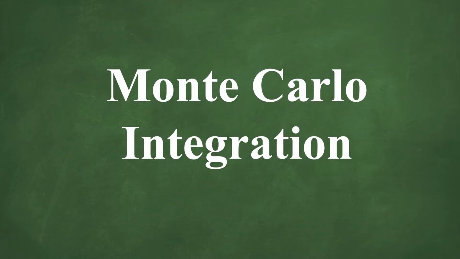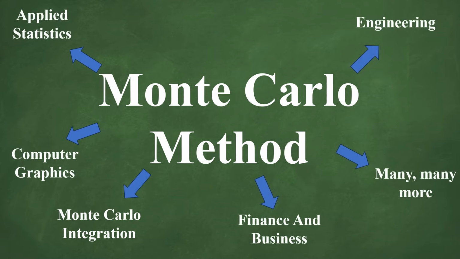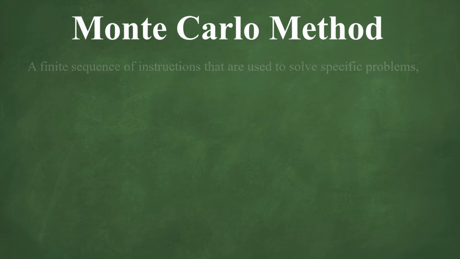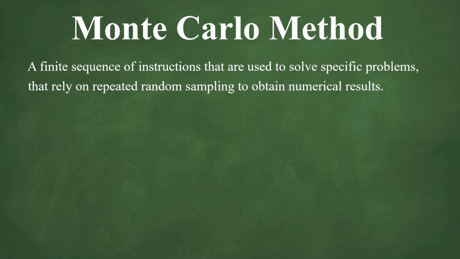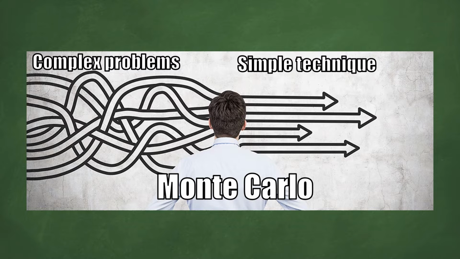Alright, so the Monte Carlo integration comes from the more general Monte Carlo method. It is a method widely used in basically any imaginable field. But in simple words, it is an algorithm that relies on repeated random sampling. It can help us break down complex problems with a very simple yet easy to use technique.